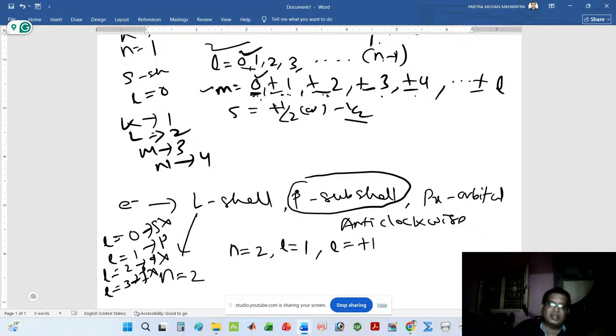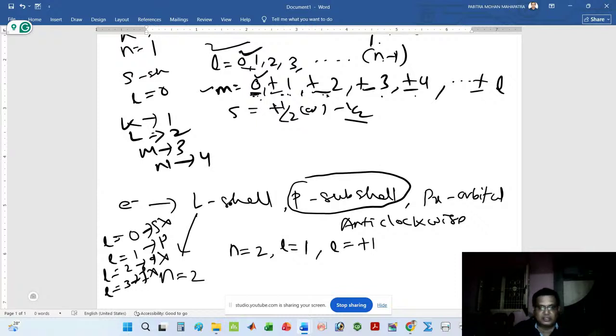Actually, the three p orbitals present in the p subcell have equal energy. You can designate with any number, but if you think about the serial order, then m is equal to plus 1 is better. But if someone gives m is equal to minus 1, or m is equal to 0, then it is not wrong.